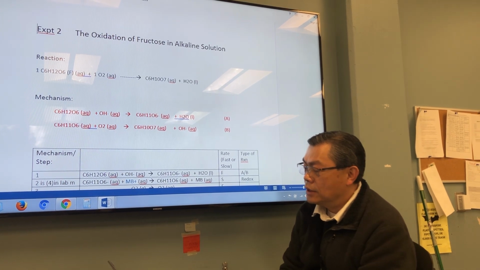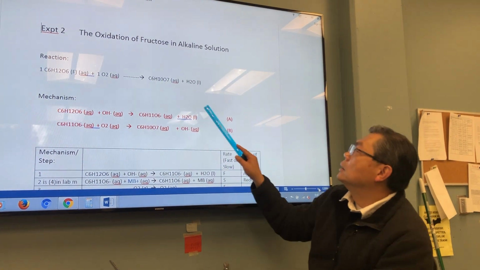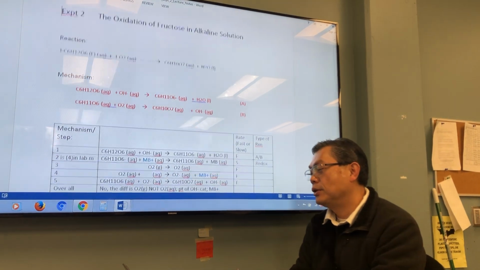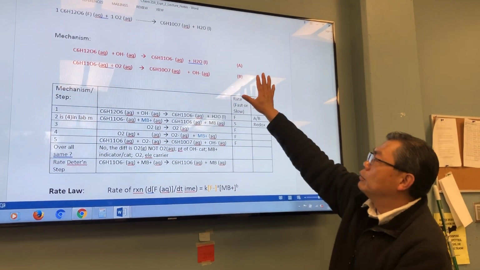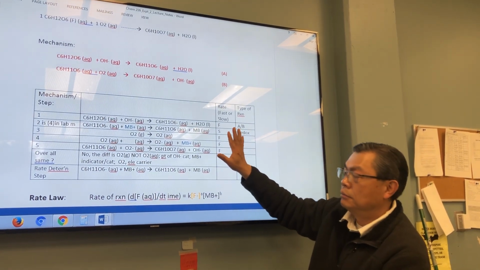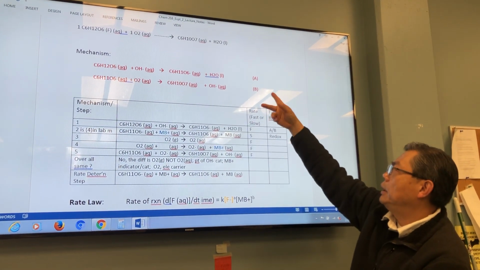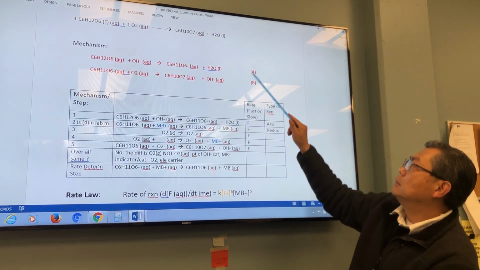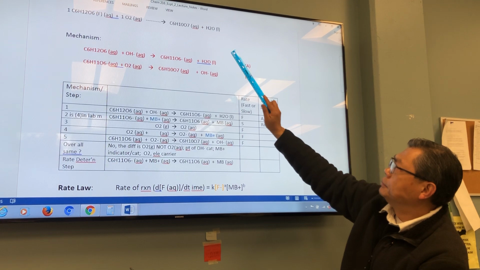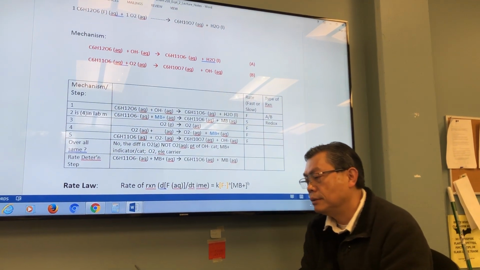So what is the reaction step mechanism in alkali condition? Someone proposed the mechanism would be 2 steps. By the way, all of this I copied from the lab manual. You have it in ILA and also in the lab manual, but I just renamed the reaction equations A and B, and then 1, 2, 3, 4. So someone proposed 2-step reactions.